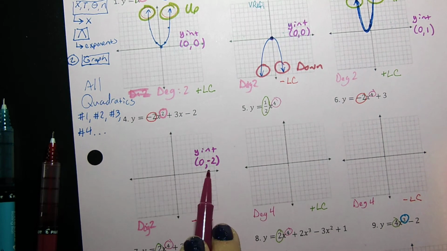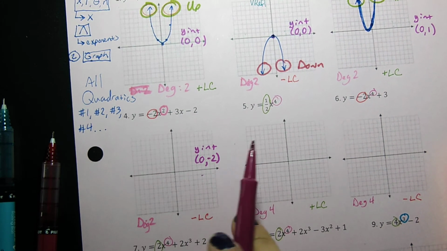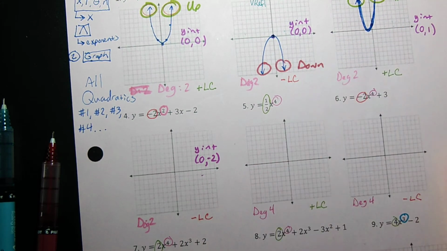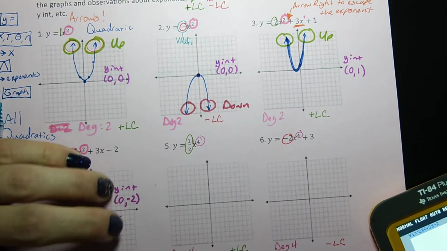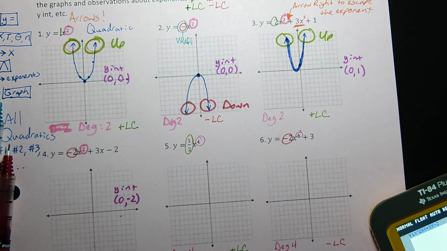If this one has a y-intercept of negative 2, and this one has a y-intercept of 1, what if I told you to find the y-intercept without using your calculator to graph? How did we find the y-intercept when we were doing standard form?